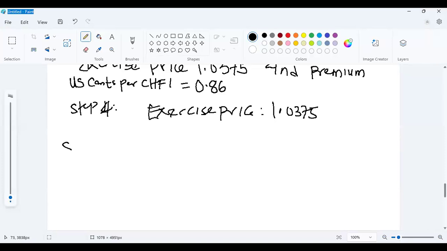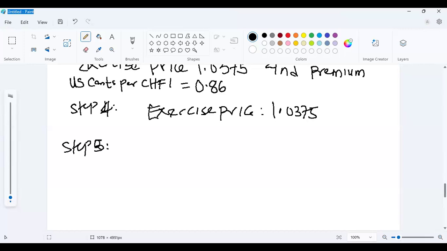Next, our step 5. We are supposed to compare the exercise price with the actual spot rate in 6 months on the transaction date. Transaction date is 6 months.